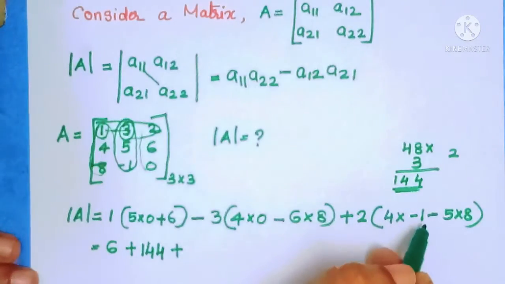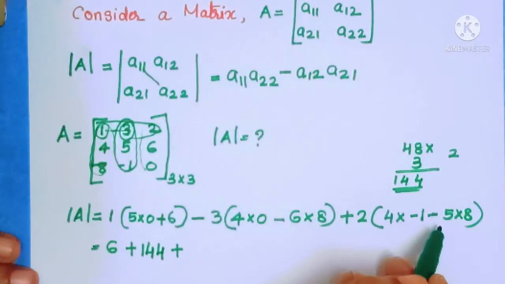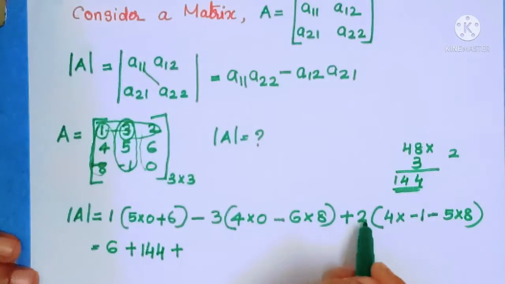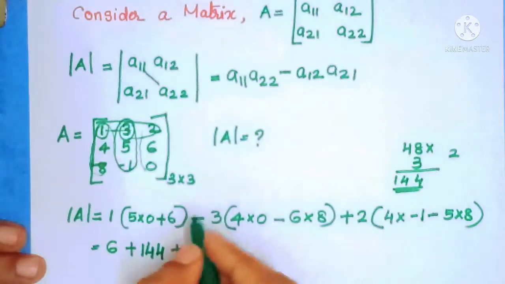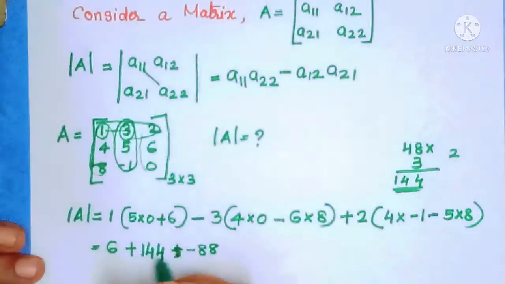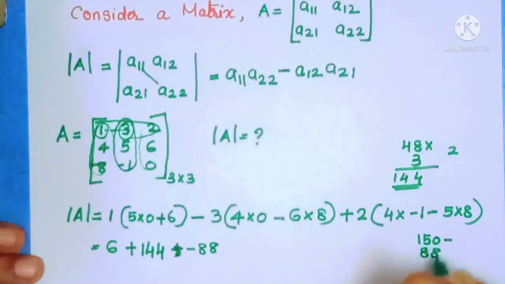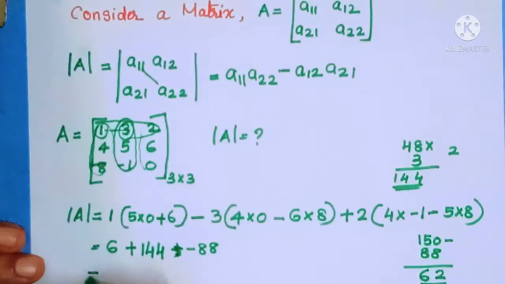Plus, here 4 into minus 1 becomes minus 4. Here minus 40, minus 4, minus 44. Minus 44 into 2 is minus 88. So here 150 minus 88 is 62. What is the answer? Determinant of A is equal to 62.